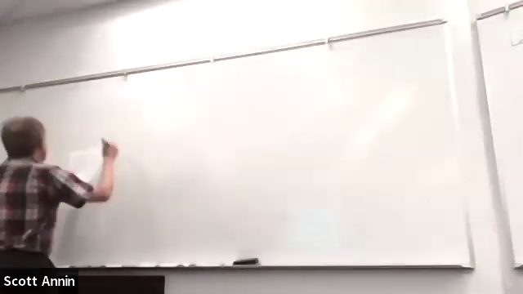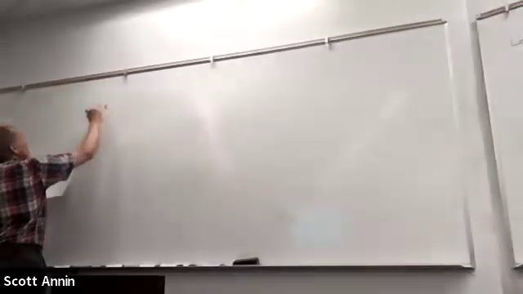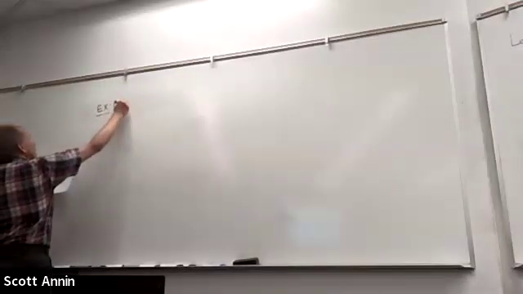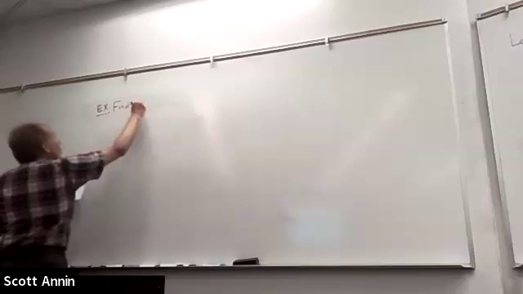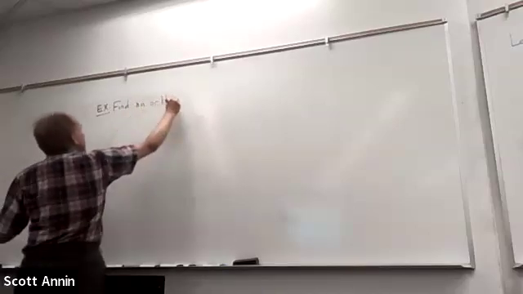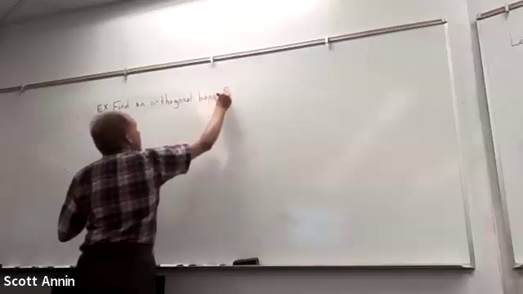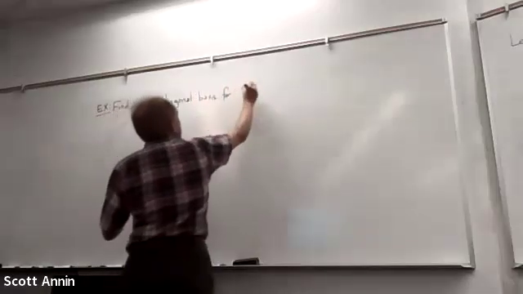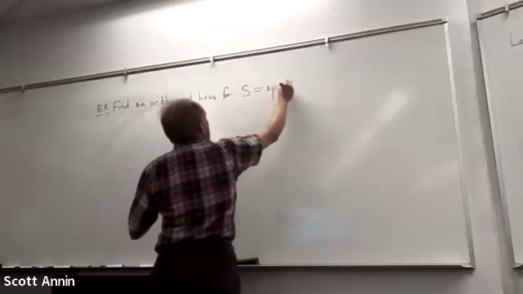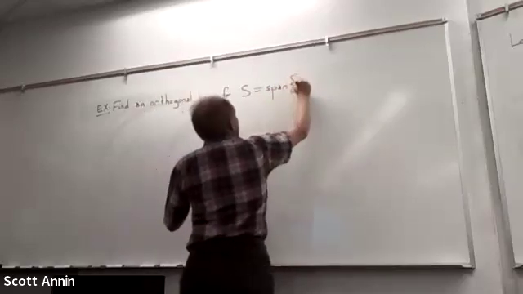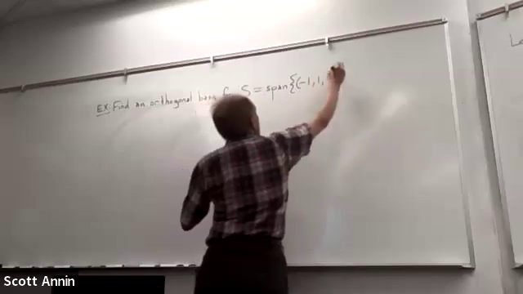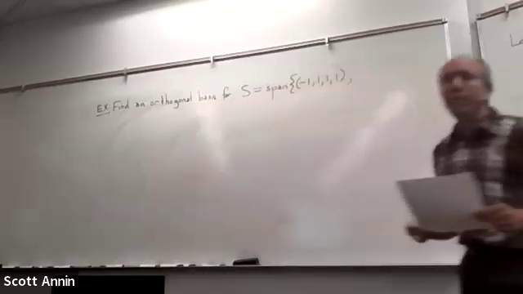Let's try an example. Okay, so let's do this example. Find an orthogonal basis for S, which is going to be the span of the vector -1, 1, 1, 1.